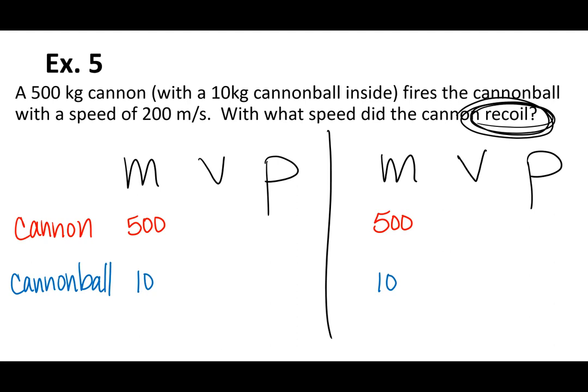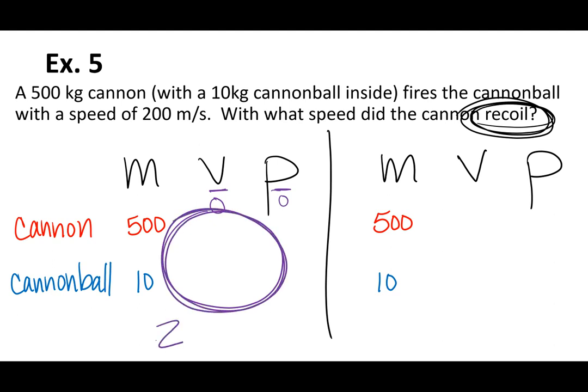Well, initially, before that cannon fired, it was at rest. So if it's at rest, then this whole side over here is 0, which means this is 0. So this whole side is 0.